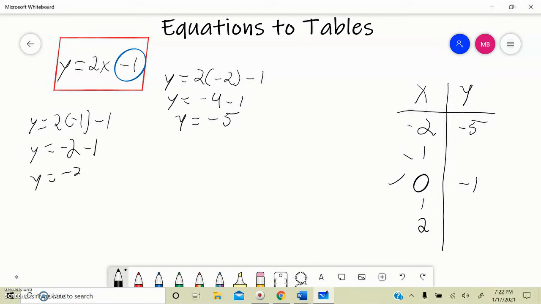Y is equal to negative 3. Okay. Then we're going to do 2 times 1 minus 1. Y is equal to 2 minus 1. Y is equal to 1.